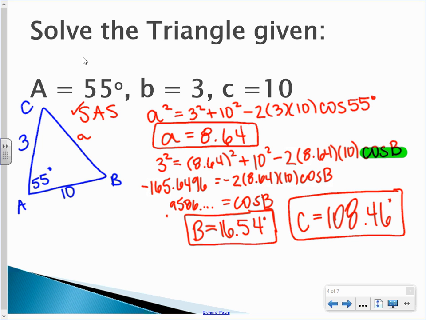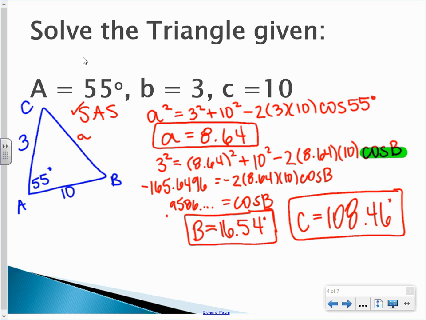So here's the issue. If you would have found angle C with the law of sines, you would not have gotten 108.46. We have the ambiguous case because the inverse sine has a range of negative pi over 2 to pi over 2, so negative 90 degrees to positive 90 degrees.